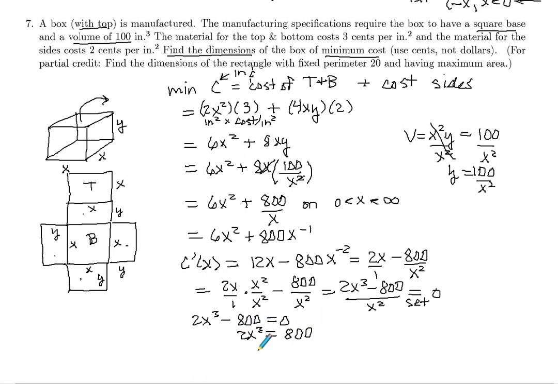Divide both sides by 2. x cubed will equal 400. And then take cube roots. And x is going to be the cube root of 400. And that is approximately, let's see here.